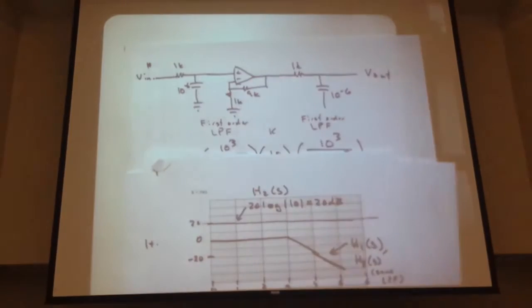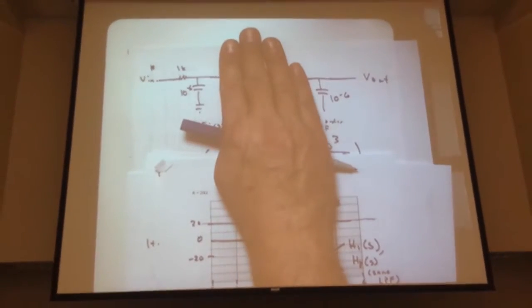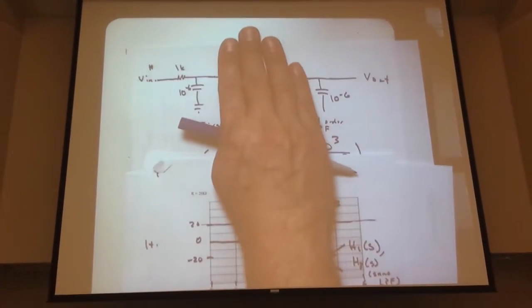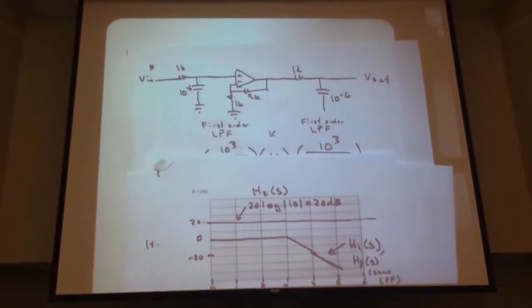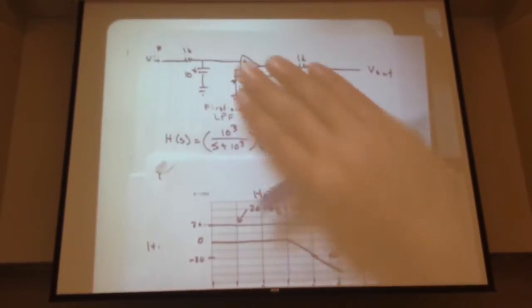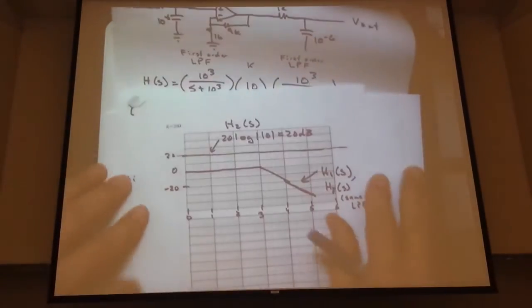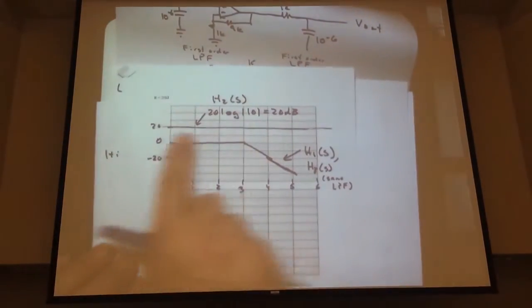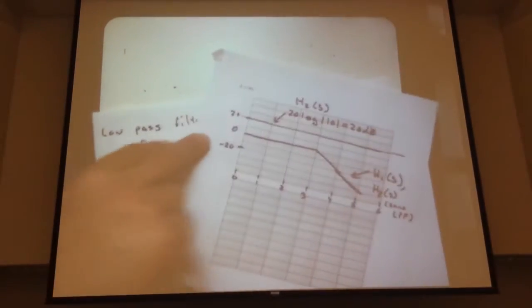You don't even care how many stages are here. You can draw this magnitude response right away, or maybe a few minutes of thought, but hopefully fairly quickly. I mean, this is something we want to be able to do quickly. Well, looking at this, and again putting the rest of our expression back up, which is under this guy. Very well.